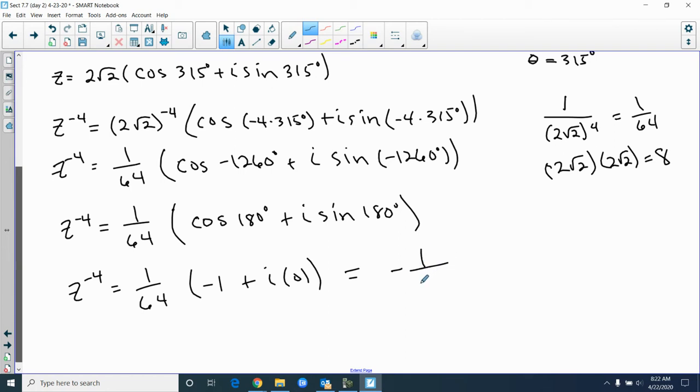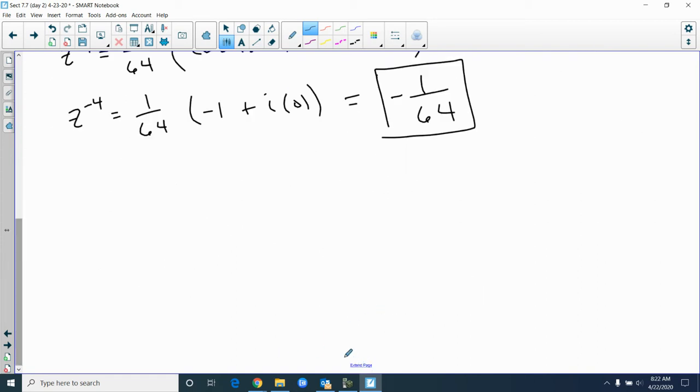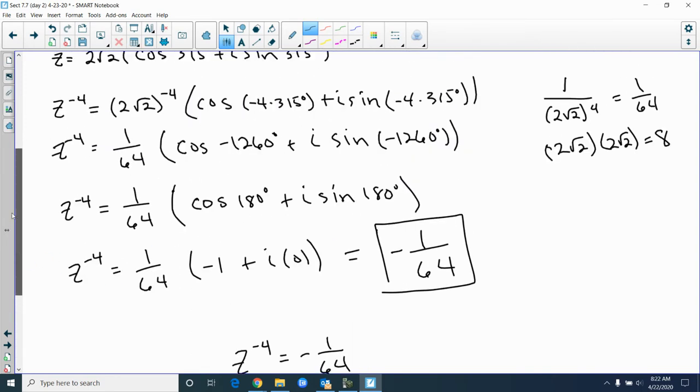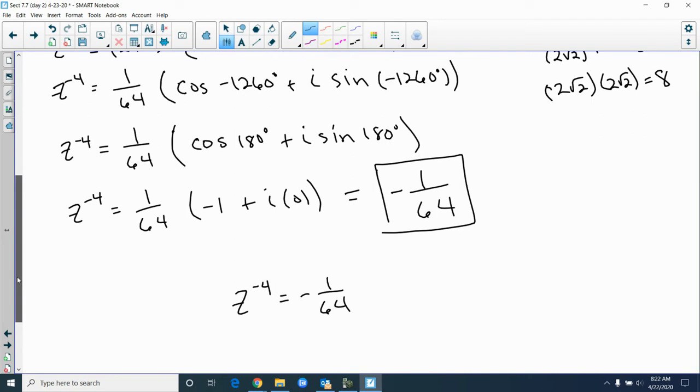My final answer is negative 1 over 64 in rectangular form. So that is what z to the negative fourth equals. So that is how we use de Moivre's theorem to find a power of a complex number.